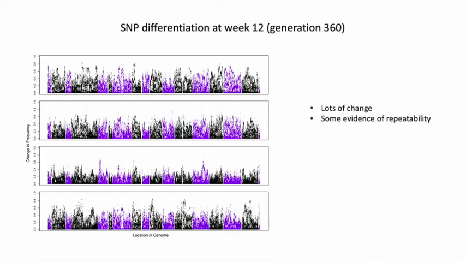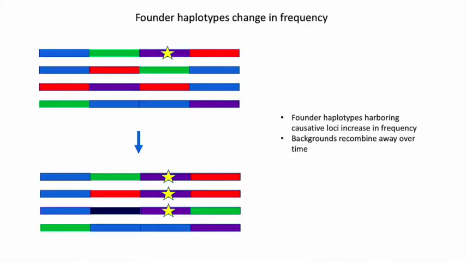So that's the SNPs, okay? Because we start out with 18 founders and we know the founder haplotypes, we like to do the analysis at the level of haplotypes, not SNPs, right? Because what's happening in this population, imagine there's a SNP here that's advantageous.